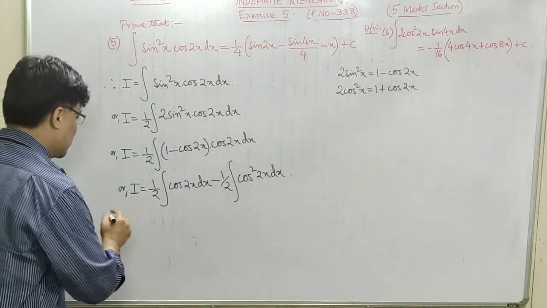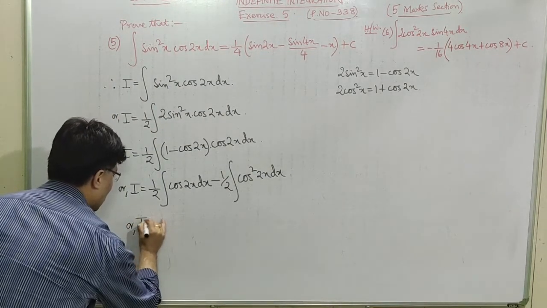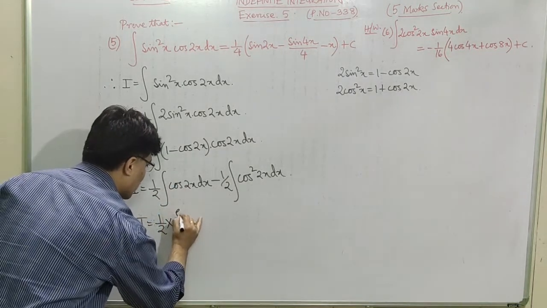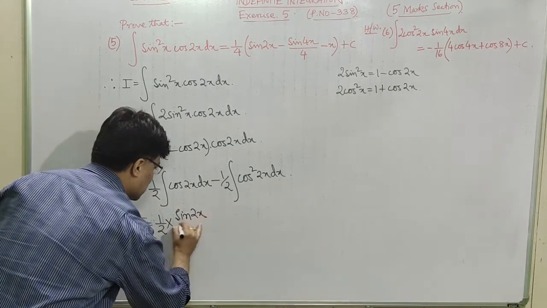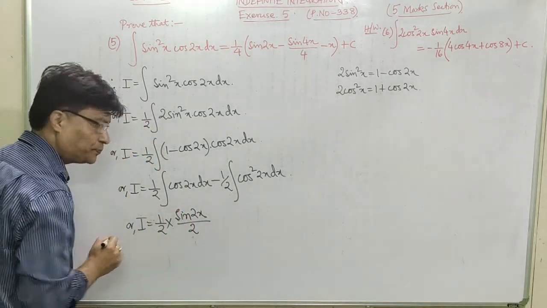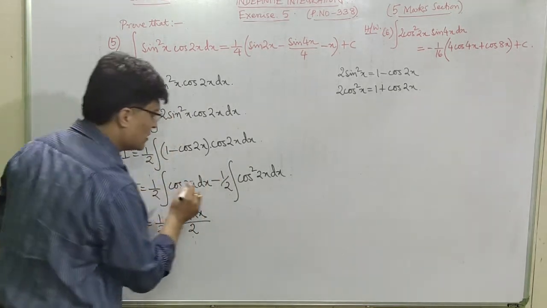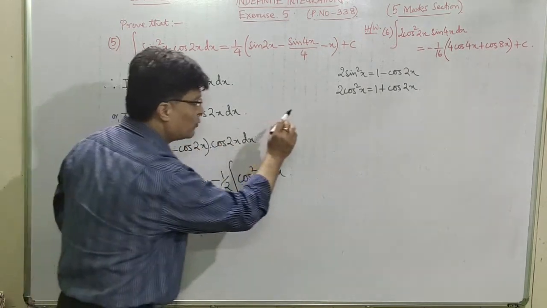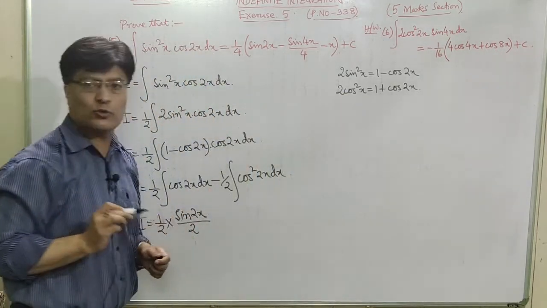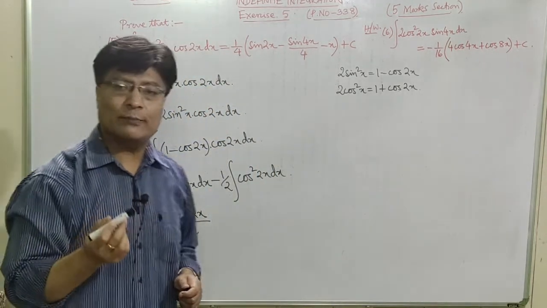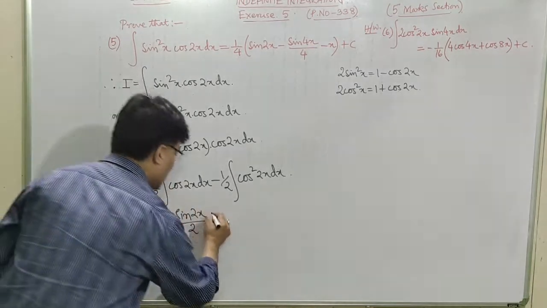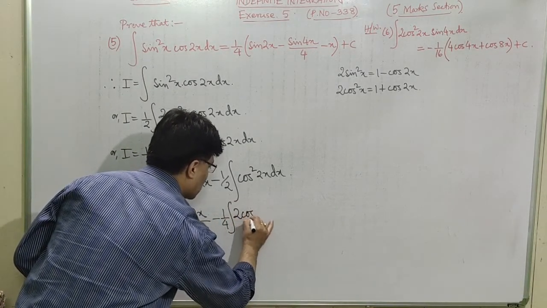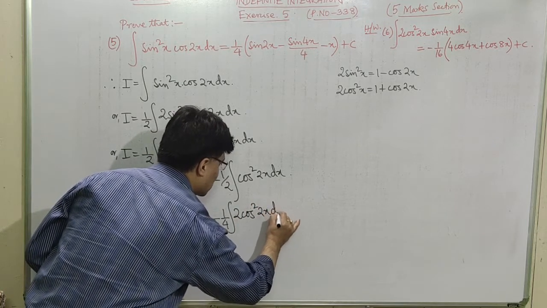So I is equal to half into, what is the integration of cos 2x? This is sin 2x by 2. Now for this cos²2x, we need a 2 here so that we can use the formula of 2 cos²x, which is equal to 1 plus cos 2x. So we write here minus 1/4 integration of 2 cos²2x dx.